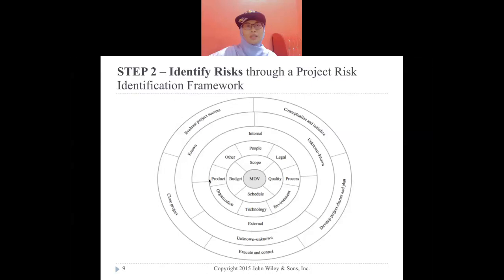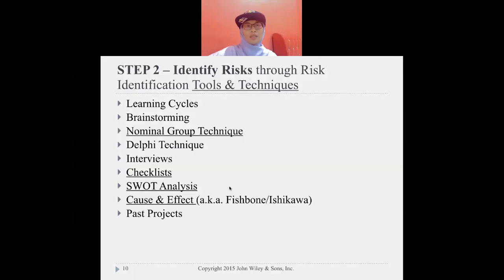It uses a spiral. So how to identify risk? Based on this, it uses the spiral framework. It starts with the MOV, consisting of scope, quality, schedule, and budget, and then looking at the resources, internal and external, one by one. So you need to identify risk from different perceptions, different angles. That's why you have this spiral.